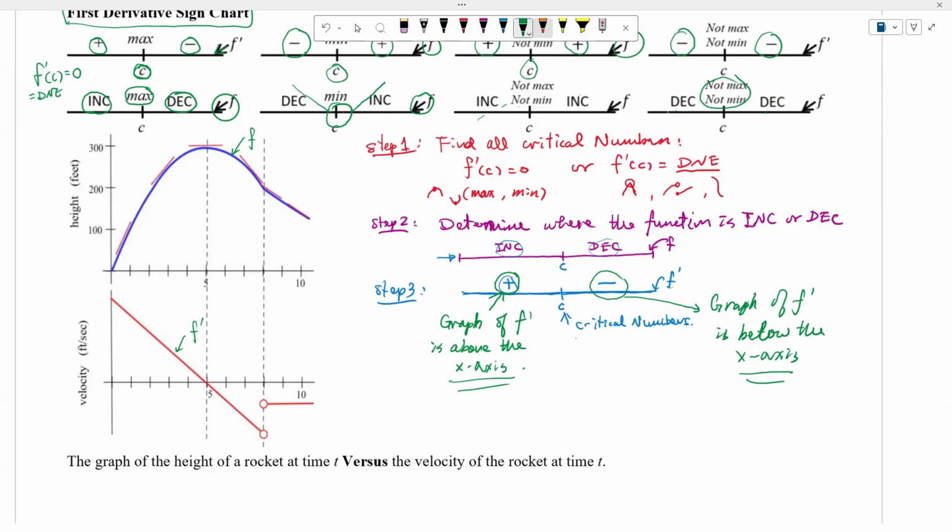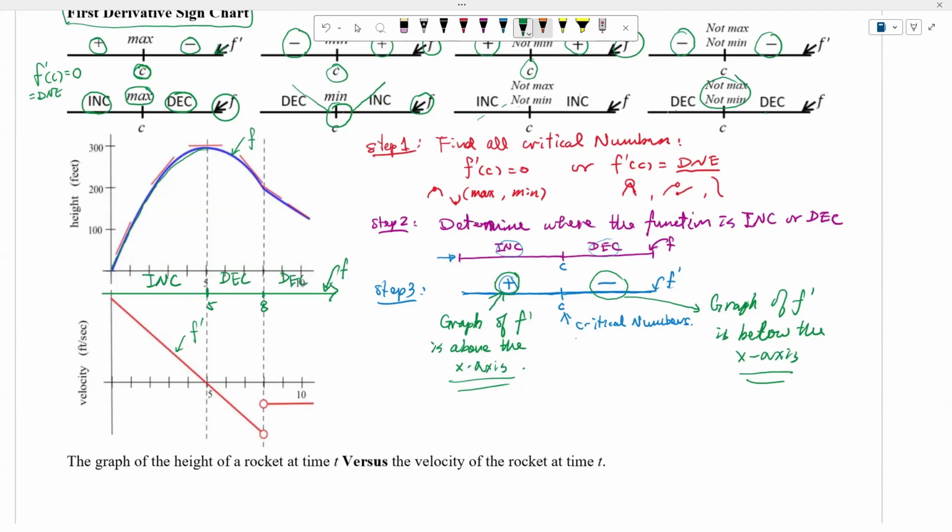Now you will see, if I create the chart for f here, this is 5, and this is 8 right here. The function is increasing, then the function is decreasing, and from 8 to 10, again, the function is also decreasing.